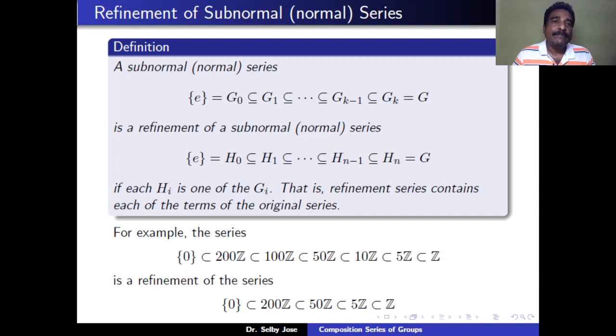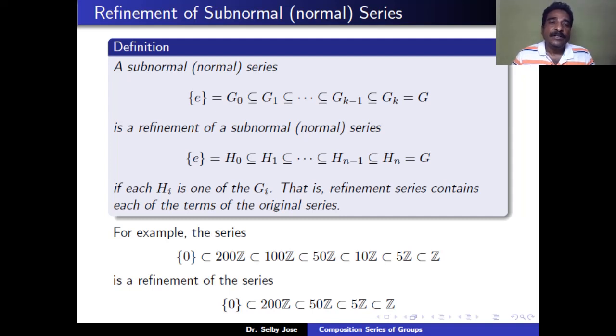Now we will see the refinement of a subnormal series and a normal series. Suppose you have a series H0 contained in H1, contained in etc., contained in H(n-1), which is contained in Hn, which is equal to G, where H0 is equal to identity.